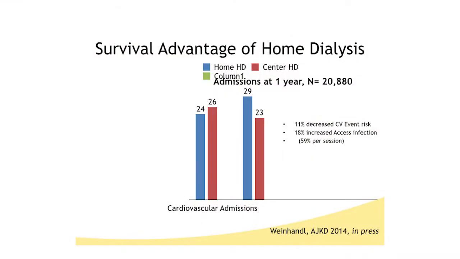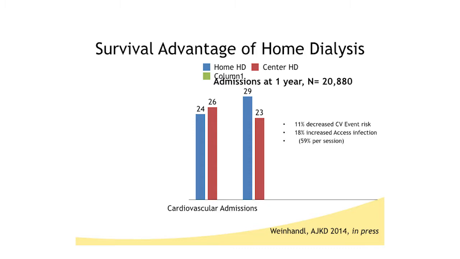ahead for time's sake, but the most recent study published in the American Journal of Kidney Disease suggests that when you compare a population of dialysis patients on home hemodialysis versus in-center dialysis therapy, the patients in the blue bars are on home dialysis, and this is a percent number here.